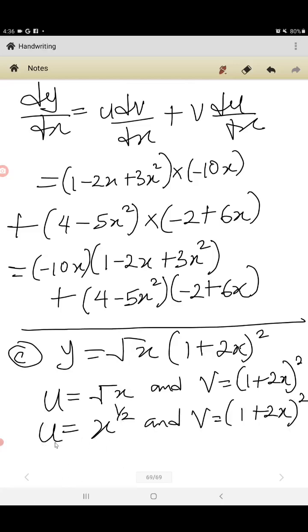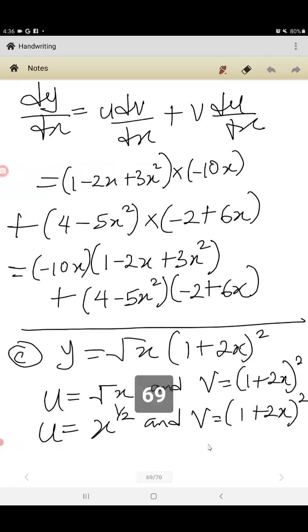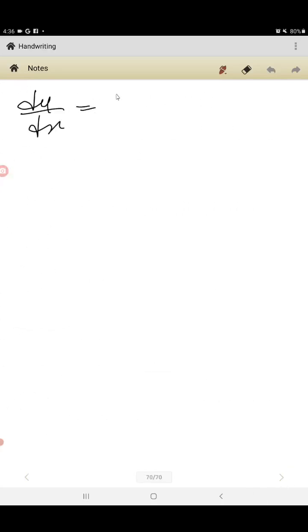Now let's differentiate u with respect to x. Because you have to explain stage by stage, du/dx is half multiplied by x raised to half minus 1, which is 1 over 2 multiplied by x to the minus half.